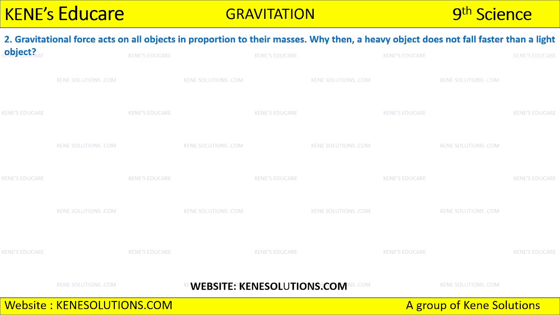Then we have the second question: gravitational force acts on all objects in proportion to their masses. Why then does a heavy object not fall faster than a light object? See, any object, all objects are going to fall on the ground, right?